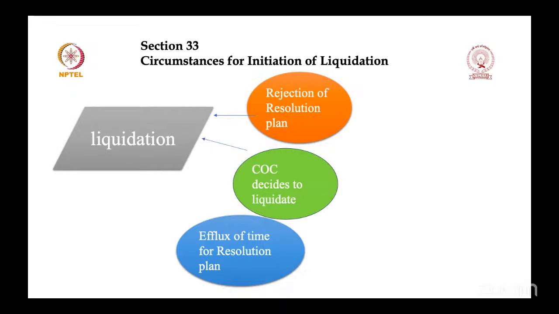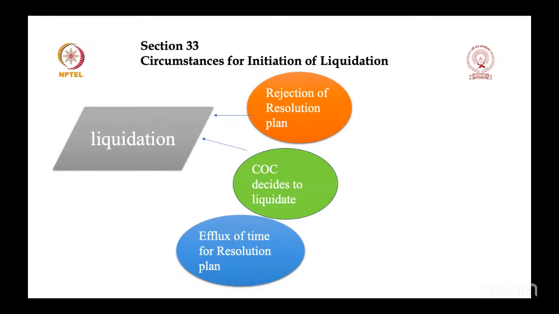The third and most important circumstance is the effect of time given for the resolution plan. As we know, the provisions are already set as to within what time the resolution plan should be completed by the resolution professional. And if no measures have been taken, by effect of time itself, it warrants a liquidation process. So these are the primary three reasons which call for a liquidation scenario.